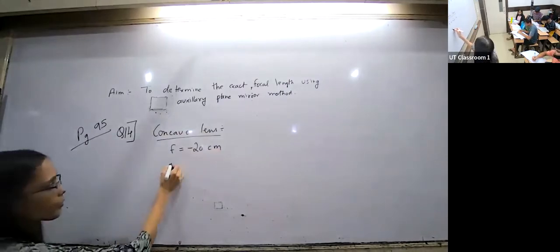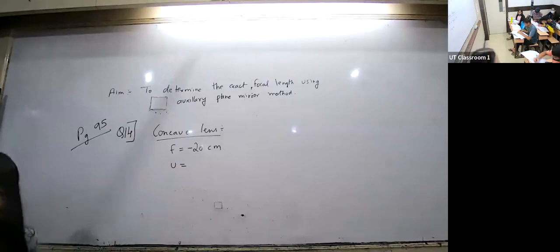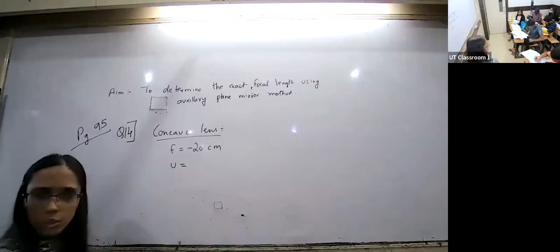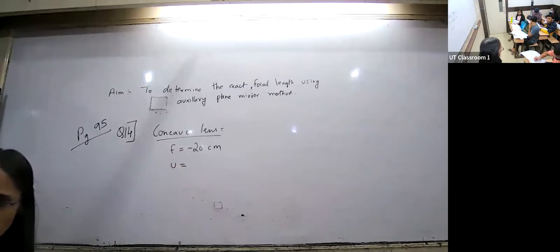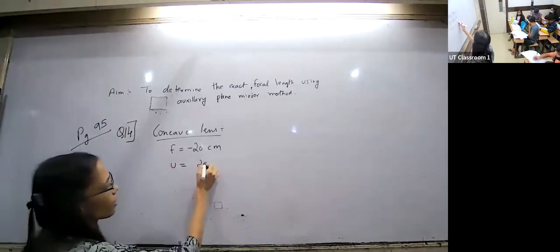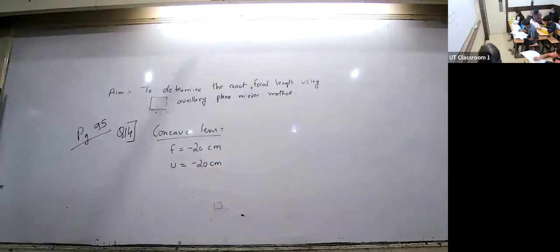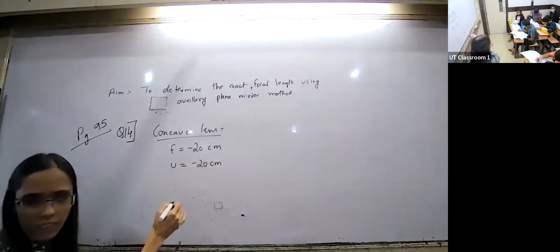It is kept at 20 centimeter. So this is minus because the object distance is always negative. What are they asking us to find? v, right?